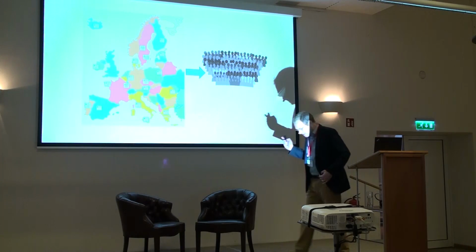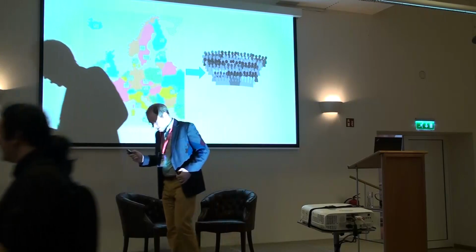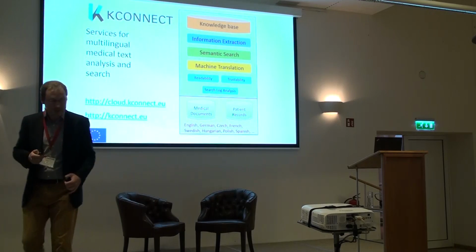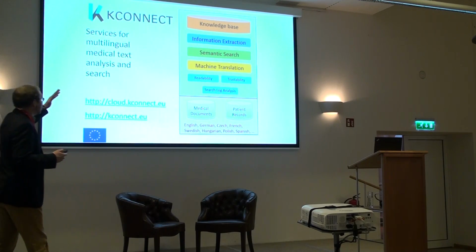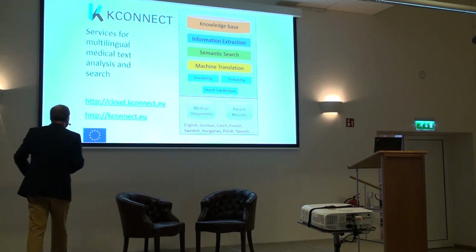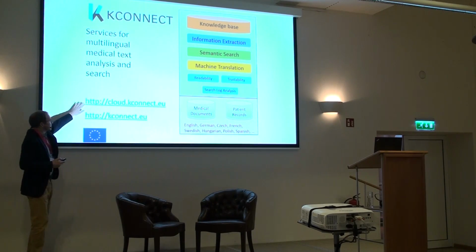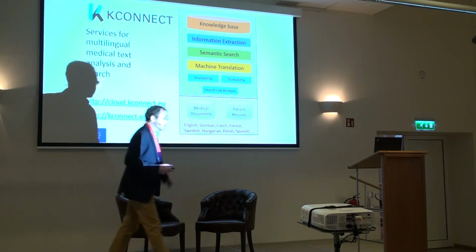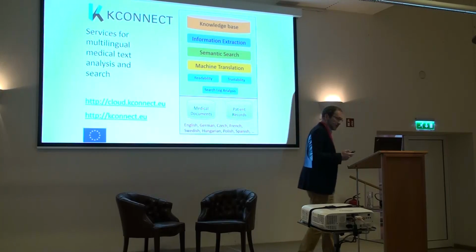So this multilinguality is one of the aspects that the K-Connect project is focusing on. Basically it's developing services for information extraction, semantic search, and machine translation. You can try them out. There's a website, the K-Connect Cloud Market, called cloud.kconnect.eu, where those services are available for you to try out.